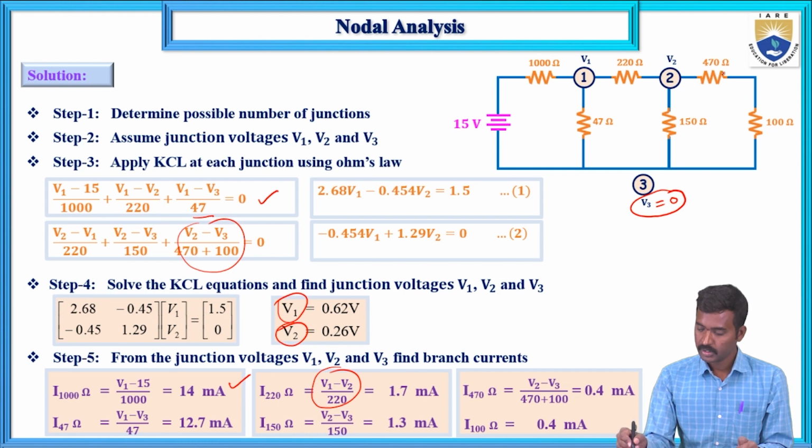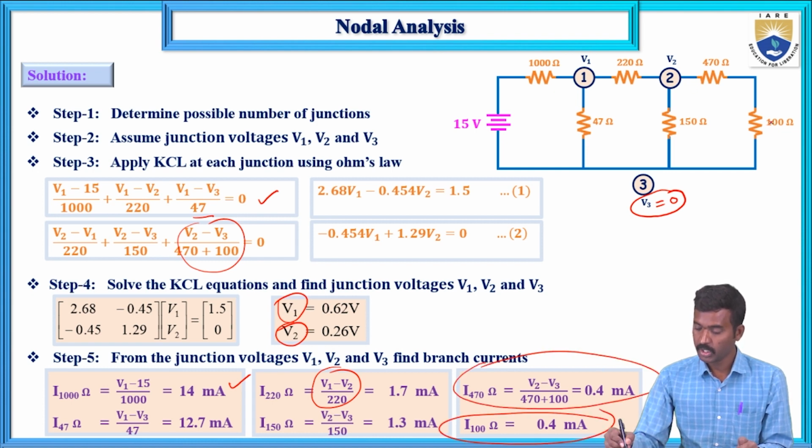(V2 minus V3) by 470 plus 100, this one, and the same current flows through each element. Next, (V2 minus V3) by 150, that equals 1.3.